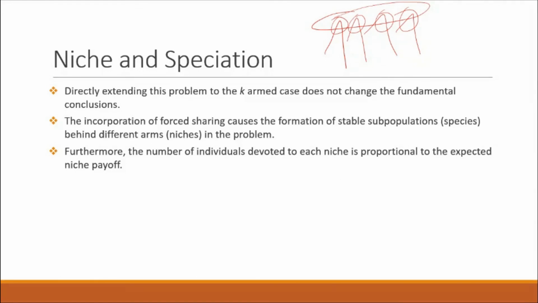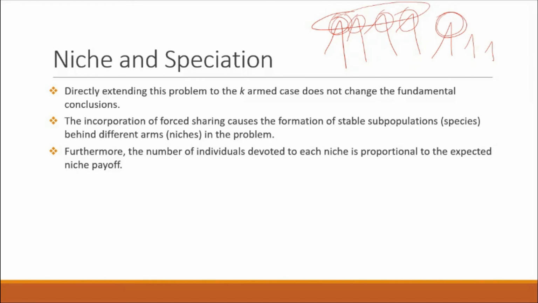And this is some sort of forced sharing. Actually, this is some sort of forced sharing that is happening, because suppose the peaks are like this. This particular peak will be having a higher chance of a particular individual being present.